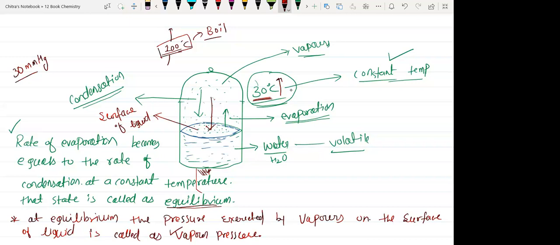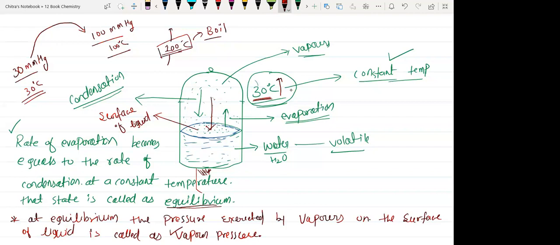At 30 degrees Celsius, I'm just considering it is 30 mmHg, and atmospheric pressure, I'm just considering it is 100 mmHg. And the temperature we are going to increase. Here it is 30 degrees Celsius and here it is 100 degrees Celsius. I'm just considering normal condition, not extraordinary condition.